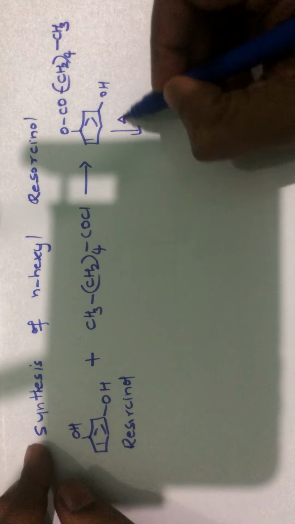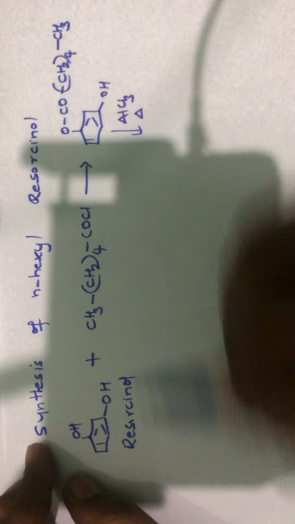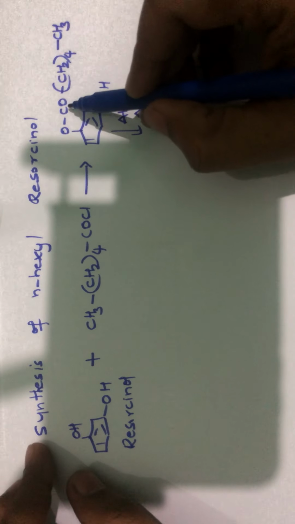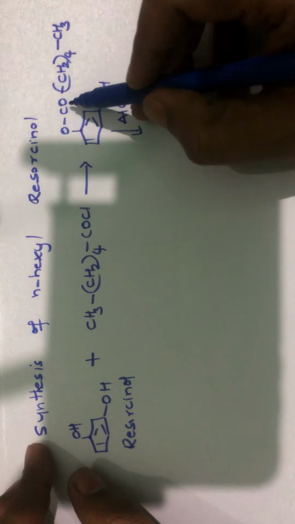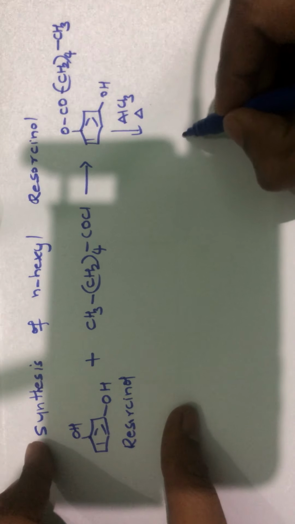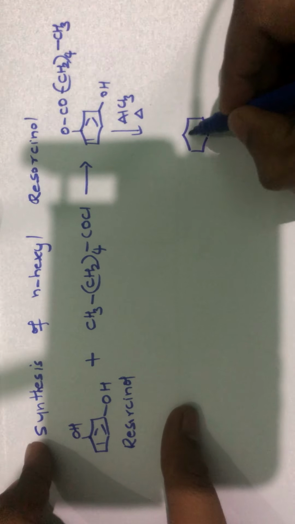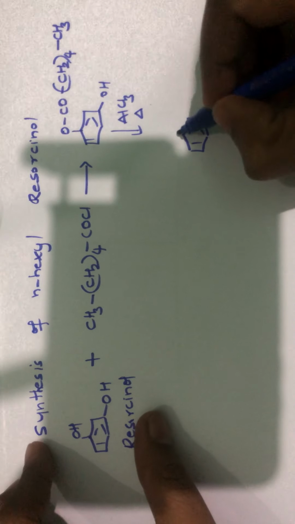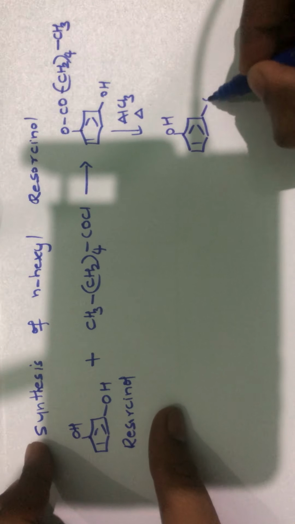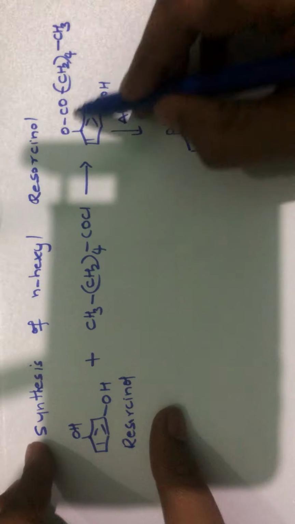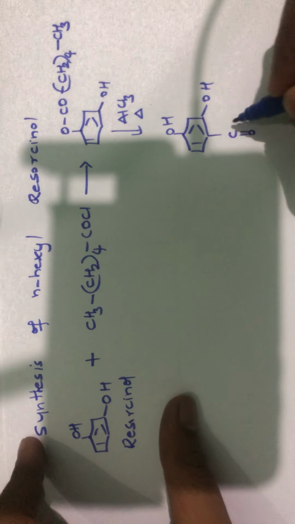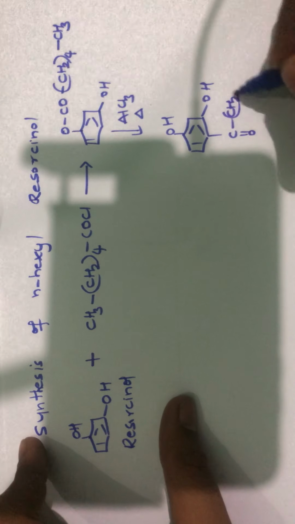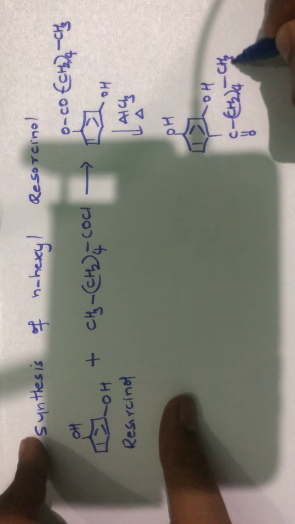Then in presence of AlCl3, and when it is heated, migration takes place to the para position. Migration takes place at the para position. You get this. This is what we call Fries migration. Okay, you get OH. This group migrates. You get C double bond O, CH2 4 times CH3.